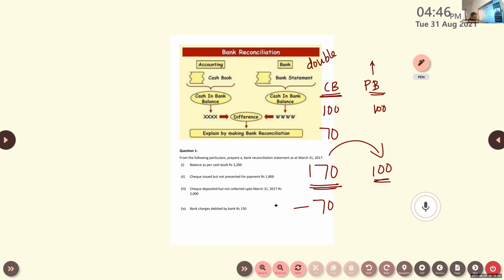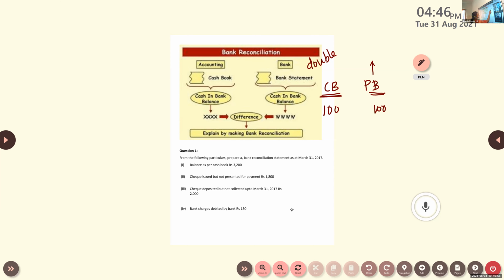Bank charges are compulsory charges withdrawn from the account, which the bank takes for some of its services. It is a charge paid to the bank. So the bank will automatically deduct some amount from your account.